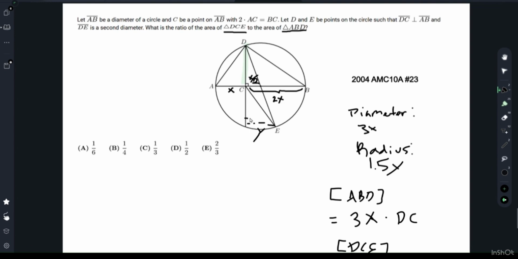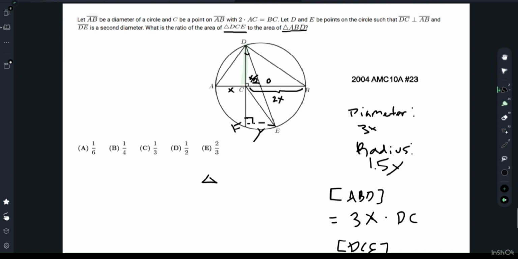Because we took this length as the height, we know it's perpendicular to the line on the base. So we know this angle right here is itself, and there are two right angles. So by AA, they're similar. So let's just label some points here to make it easier. Let's make this O because it's the center of the circle, and we can have this be F.